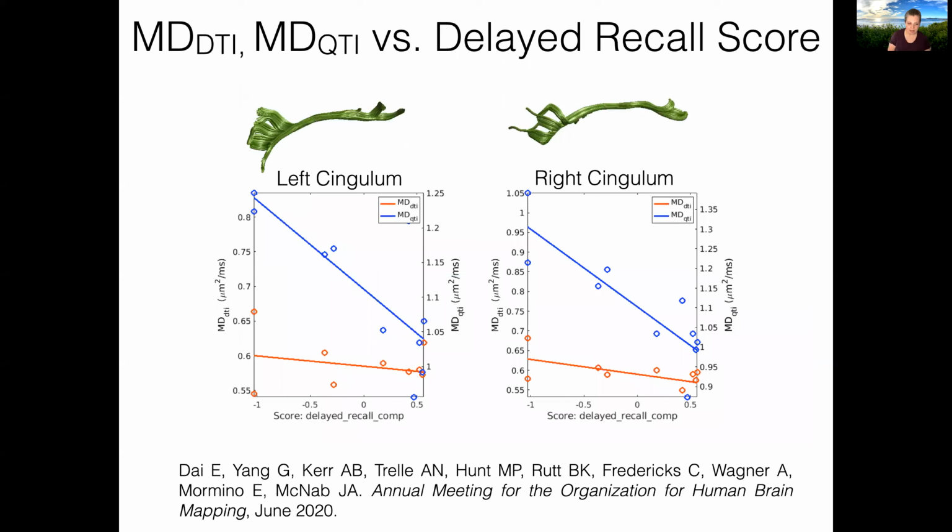This is another example from my lab where we looked at some of the multidimensional diffusion encoding measures in a healthy aging population. And here we're looking at some mean diffusivity measures using conventional DTI versus the multidimensional diffusion encoding, and show a much wider range of values for the multidimensional diffusion encoding, or the QTI derived metric, and the correlation with a delayed recall or a memory score in those volunteers.